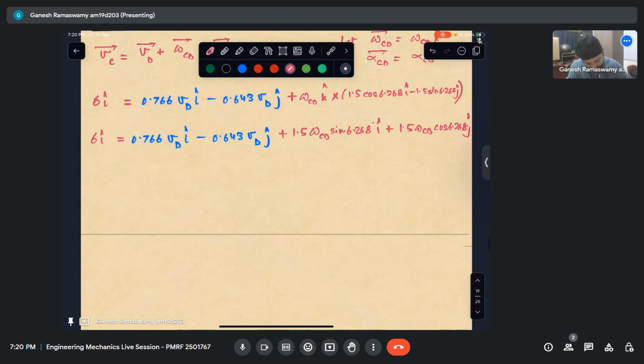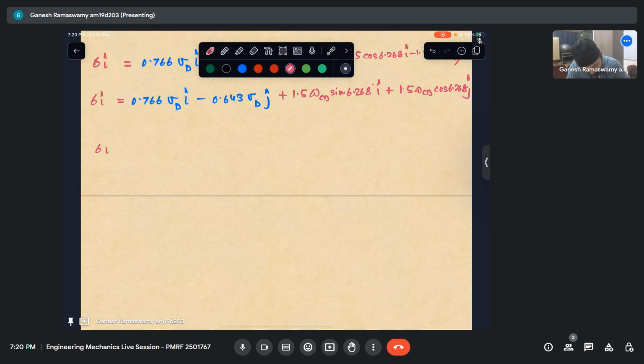This gives me 0.766 Vd plus 1.5 omega Cd sine 6.268 I cap plus 1.5 omega Cd cos 6.268 minus 0.643 Vd J cap.